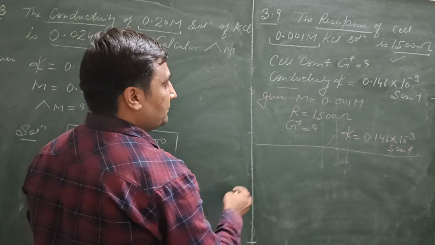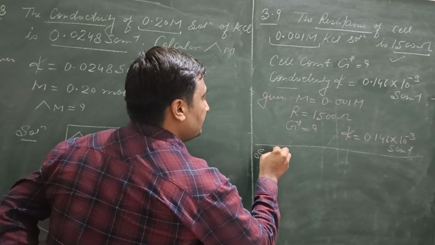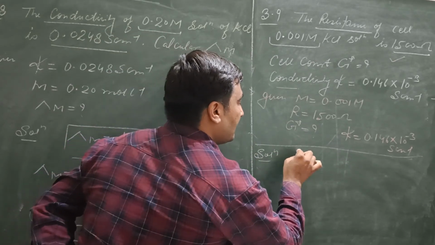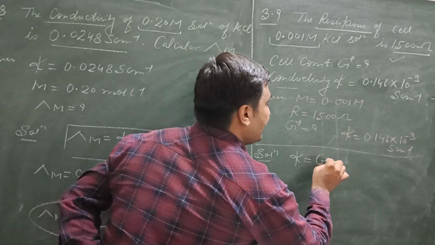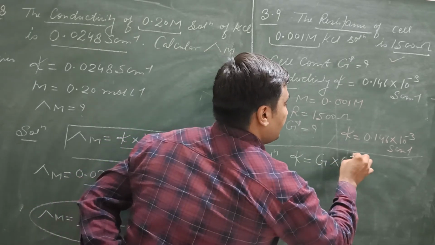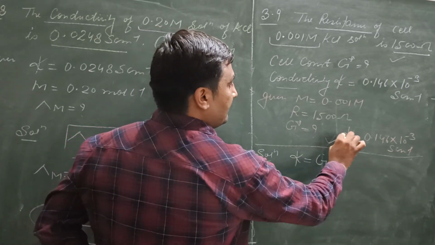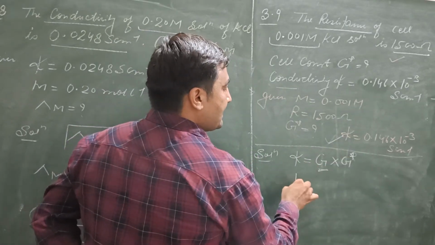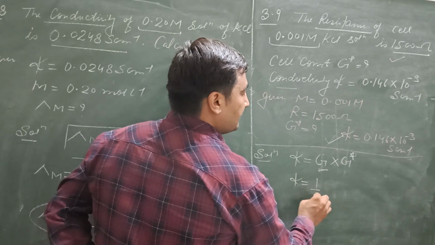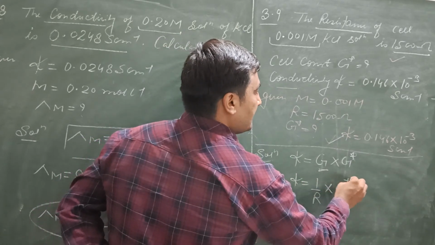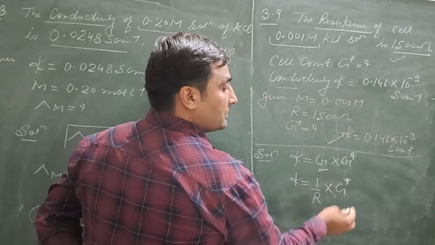In solution, as we know, kappa equals G into G star. Kappa is given. G is not given; instead of G, R is given, and cell constant we are to find out.